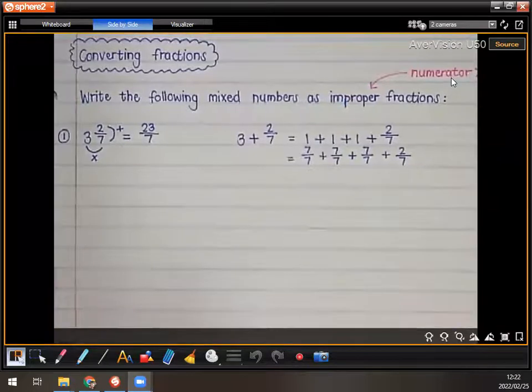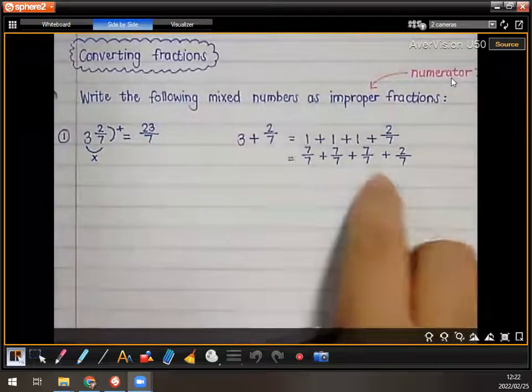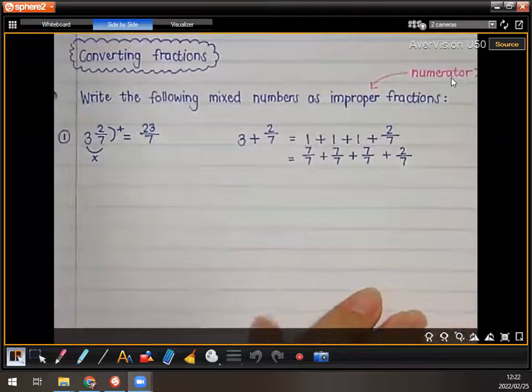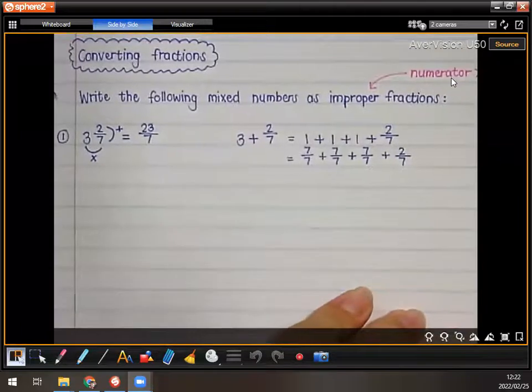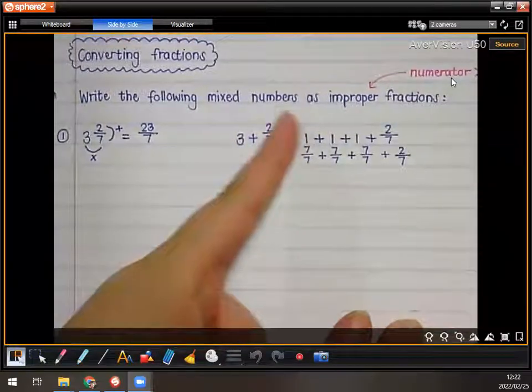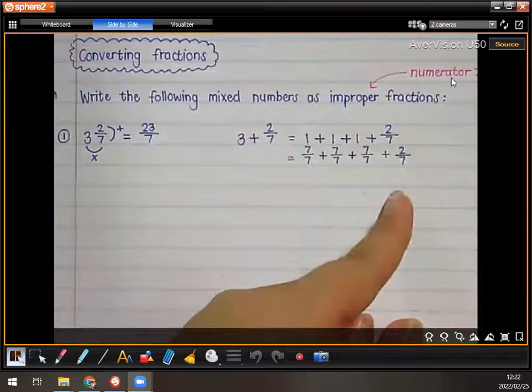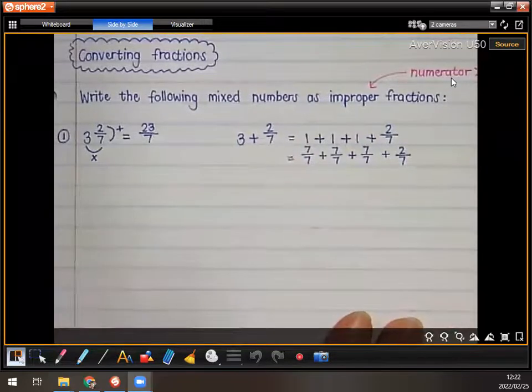And guys, next week we are going to do how to add and subtract fractions, but I assume that you know that when fractions have the same denominator, you can write them all over one denominator, right? Do we remember that? So we have now 4 fractions with a denominator of 7, so I can write all of them over one 7. Is that correct?